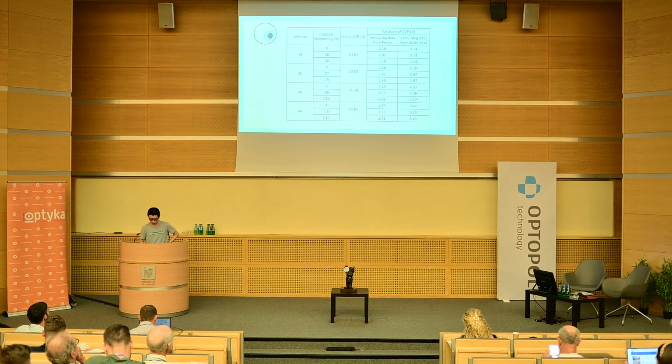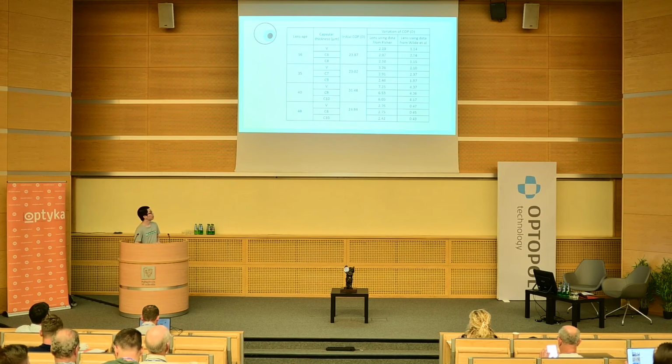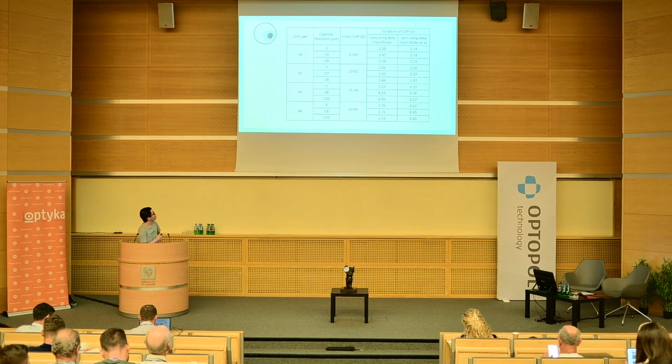So for the variable thickness, the effect of the variable thickness depends on the age. In the 16-year-old lens, the variable thickness has the same effect as the thick constant thickness capsule.